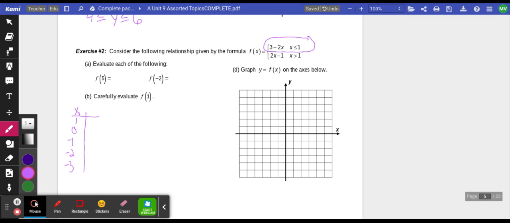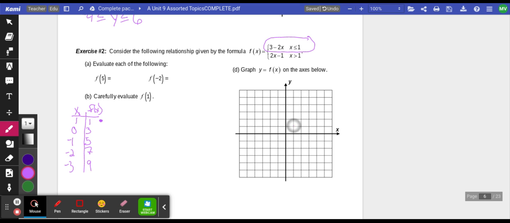Again, I'm going to use my calculator to complete that table. When x is 1, it's 1. 0 is 3. Negative 1 is 5. Negative 2 is 7. Negative 3 is 9. So I'm going to plot that, and notice at 1, that's a solid dot. I can note that in my table if I want.